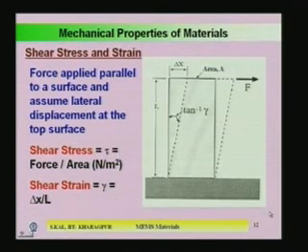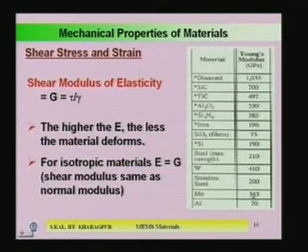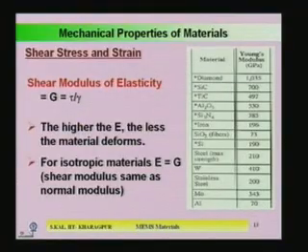Now, the shear modulus of elasticity. You have seen the Young's modulus in the case of axial stress and strain. So, here you will have shear stress and strain, and the shear modulus or shear modulus of elasticity is known as G. G is again stress by strain, which is tau divided by gamma in the case of shear.